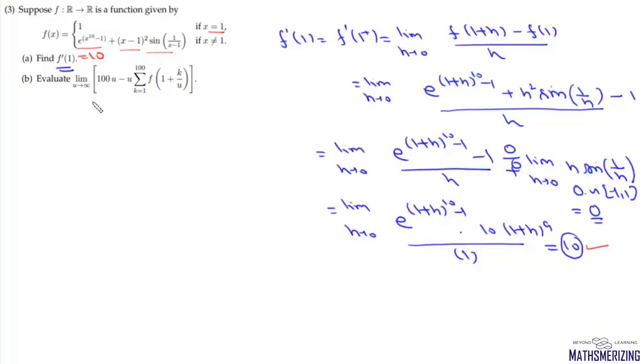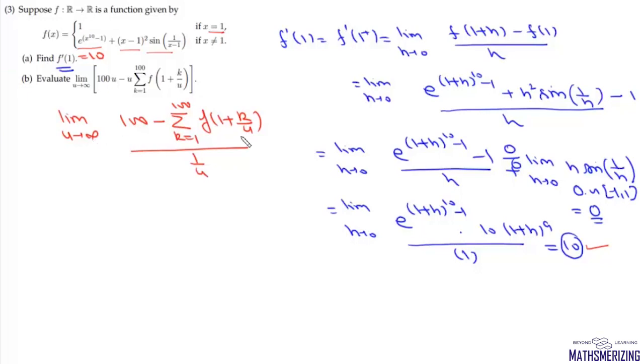Now we need to solve this limit, which is limit u tends to infinity of 100u minus u times the summation k varies from 1 to 100 of f(1 plus k upon u). So we can write this as limit u tends to infinity of 100 minus the summation k varies from 1 to 100 of f(1 plus k upon u), upon 1 upon u.